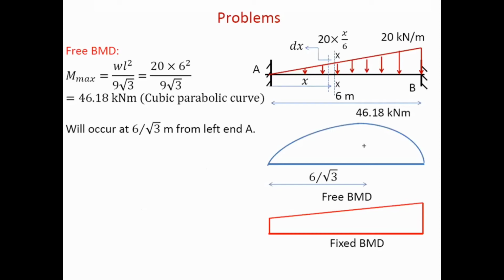Free BMD is WL square upon 9 root 3, which is from the knowledge of strength of materials. So 20 into 6 square upon 9 root 3, which is 46.18 kilonewton meter.